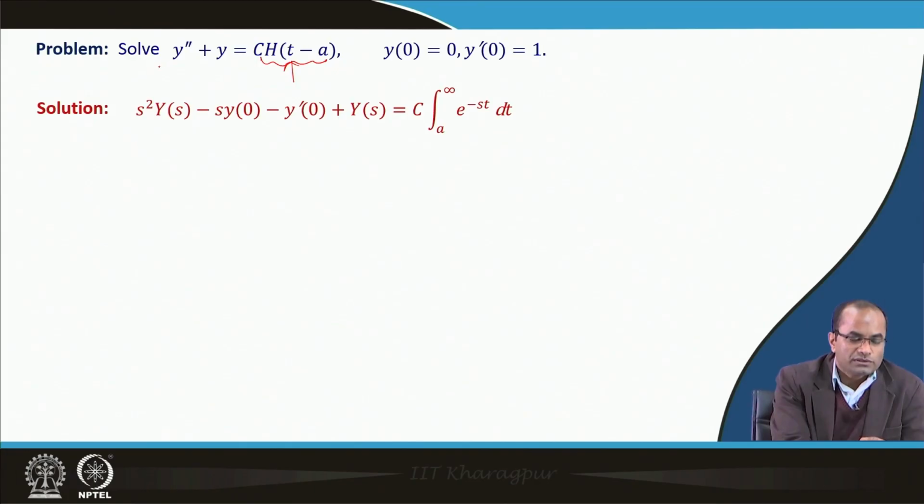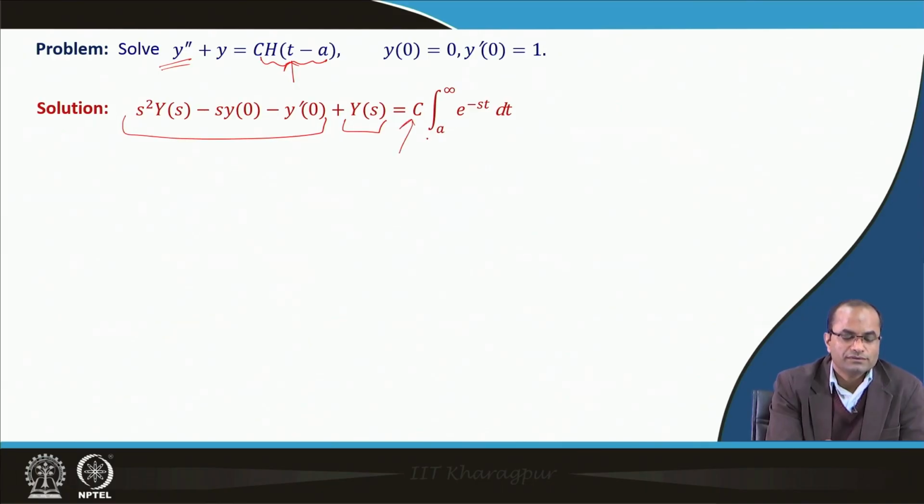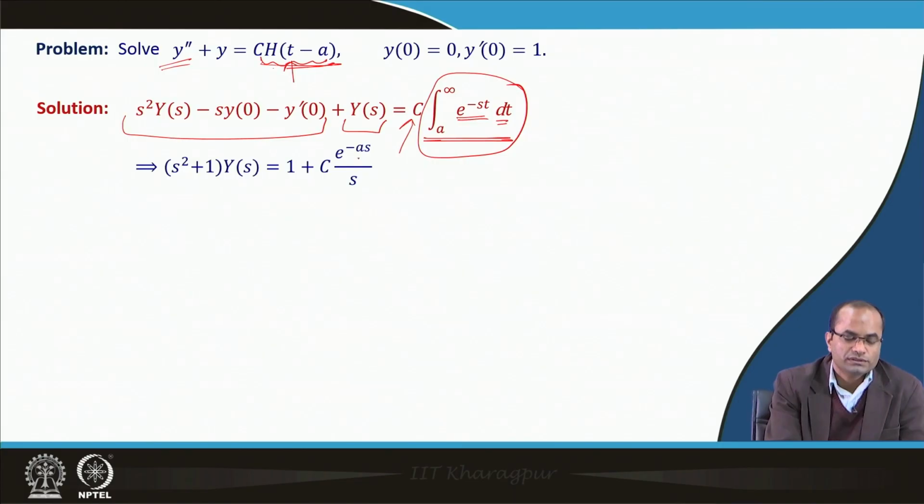So, taking the Laplace transform, we use this derivative theorem here, and then we have Y(s), the right hand side we have c, and then we have the Laplace of the Heaviside function h(t minus a), which is given here. We can just integrate from a to infinity, the function is 1, e power minus st dt. So, which is just e power minus as over s.